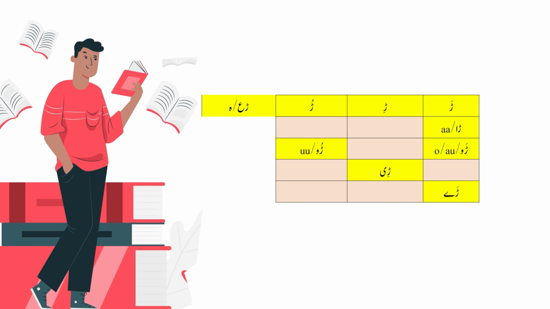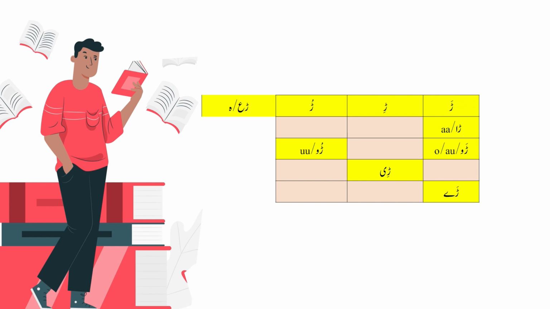And with badi ye, it will become De. So the sounds will be Da, Di, Du, Da, Daa, Daw, Doo, Dee, De. Read with me.